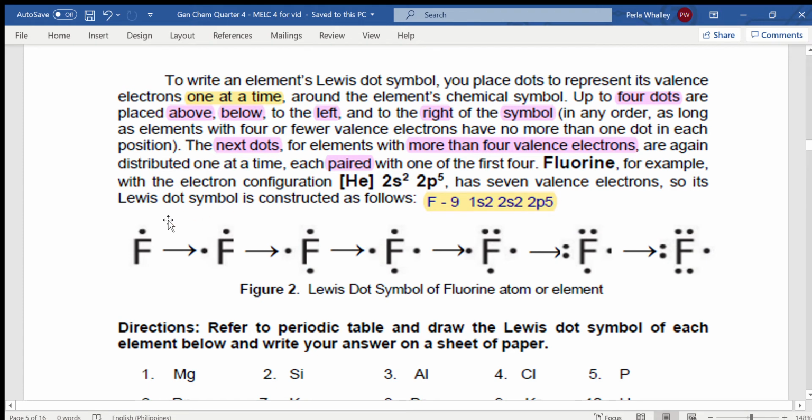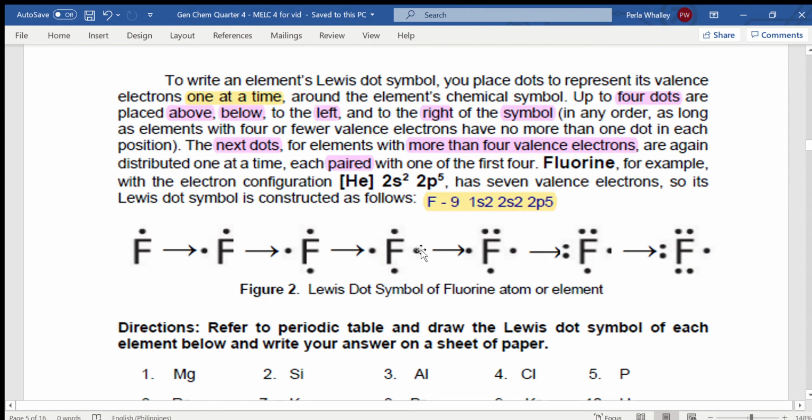So how do we write it here? The first dot is on top, the second is at the left of the symbol, the third is at the bottom of the symbol, and the fourth is at the right of the symbol.